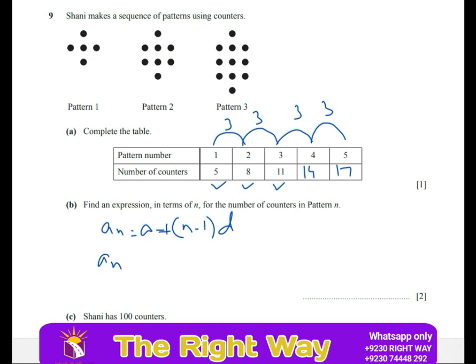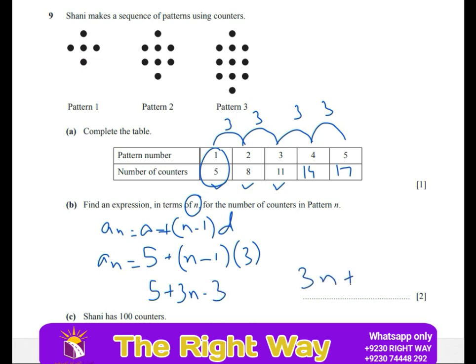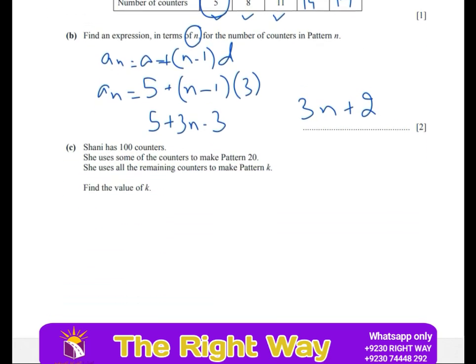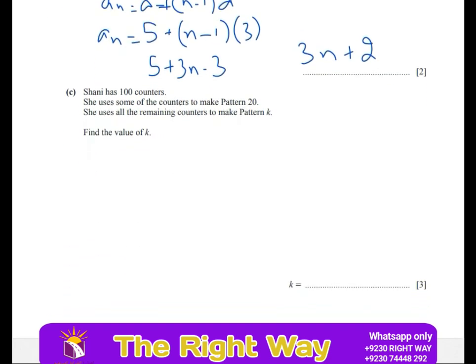So an will become a, the first term is 5, plus n will remain n because we are going to find the nth term, and d is 3. The difference between two terms is 3. So it will become 5 plus 3n minus 3, and it will be equal to 3n plus 2. 5 minus 3 is 2. So the nth term is 3n plus 2.